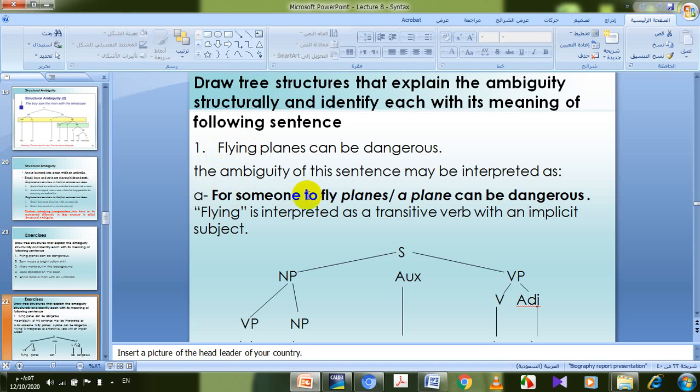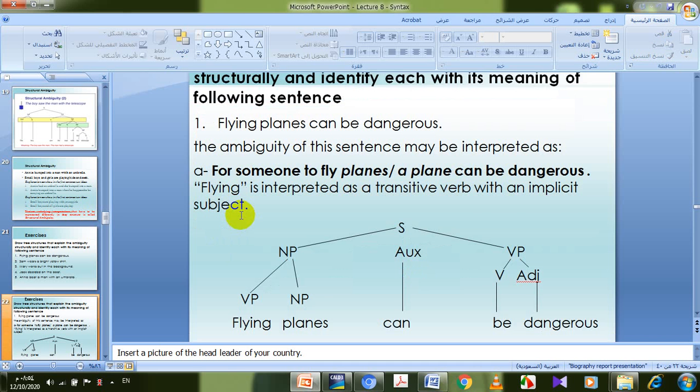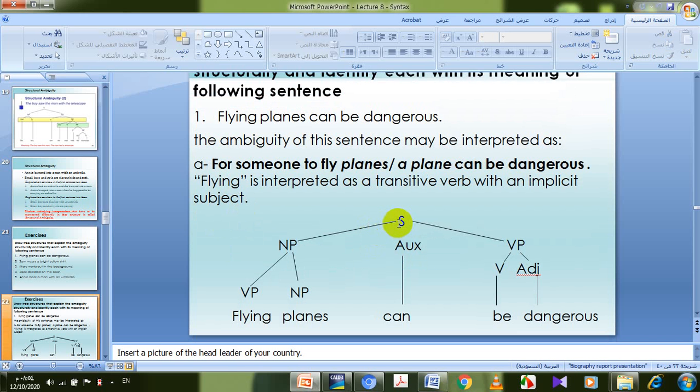This is for somebody to fly planes can be dangerous. Flying is interpreted as a transitive verb with an implicit subject, فاعل ضمني.